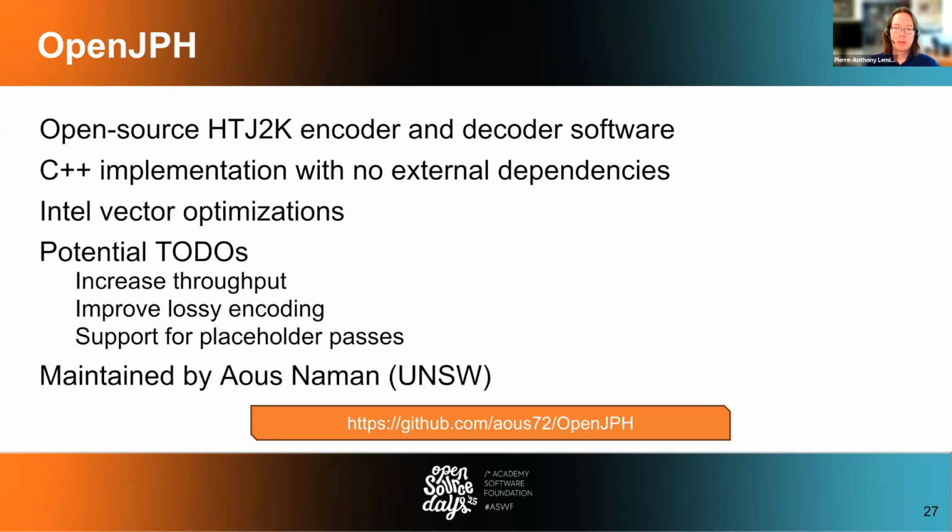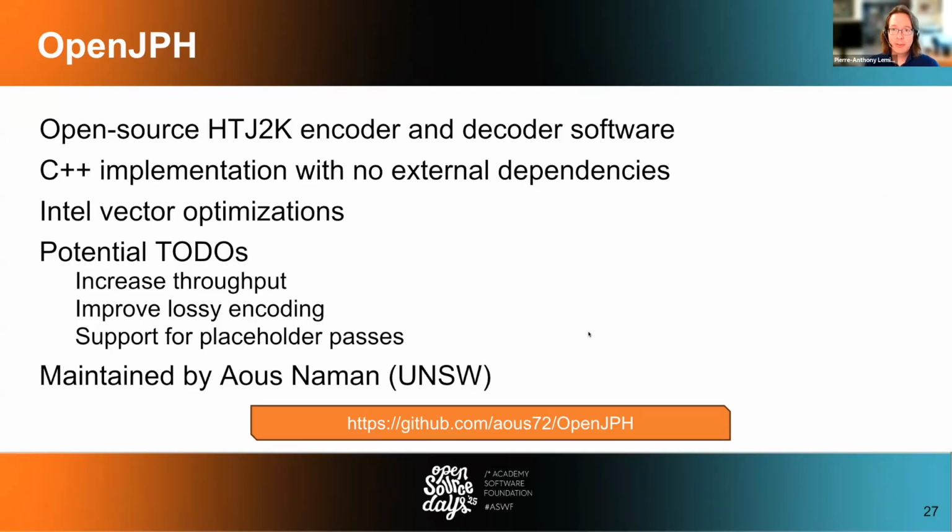It includes Intel vector optimizations. The FFmpeg implementation is based on it, inspired by it. The OpenJPEG implementation of HT is also based on it. So really kudos to Aus for all the hard work there and everybody that's contributed to that open source implementation.